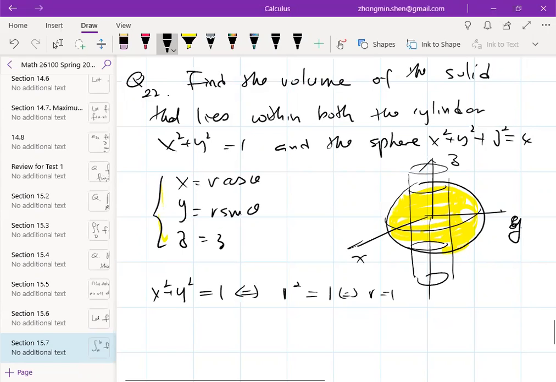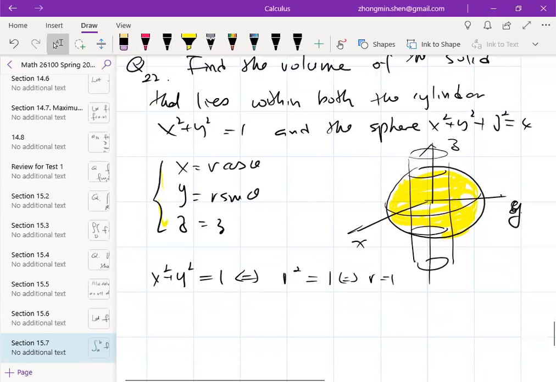That's easy. And x squared plus y squared plus z squared equals 4 is the same as r squared plus z squared equals 4.